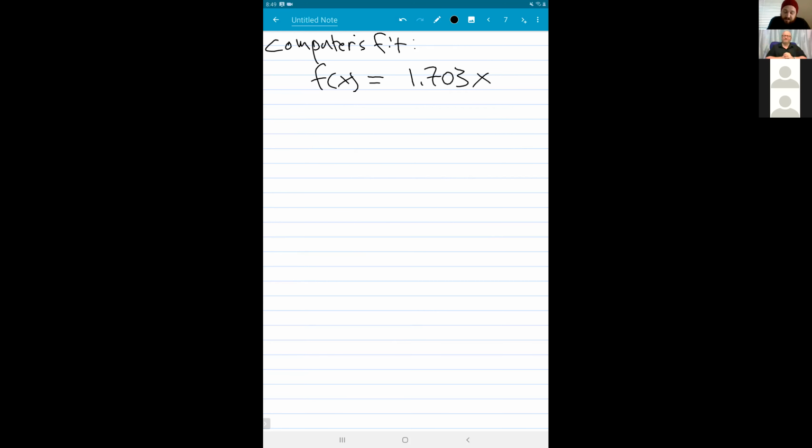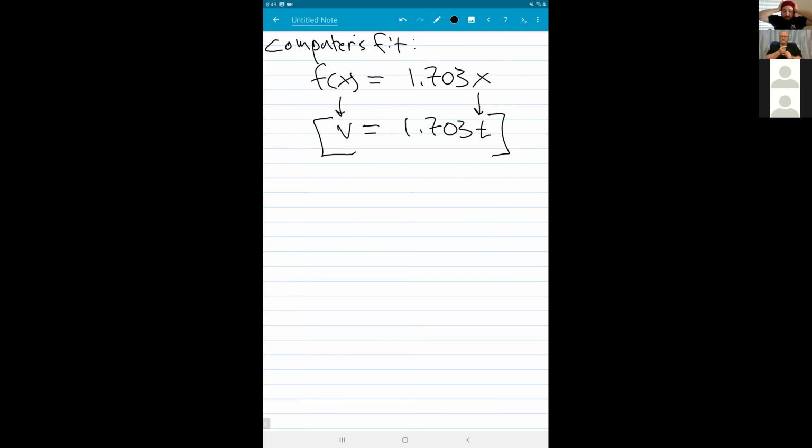But we know that this is actually supposed to be the velocity. So this thing we can expect, oh, well, f of x is my y component, right? So this is actually velocity. And then this x here would actually be time, right? And this is the expression that I actually get from the computer trying to fit to the data that I got from the experiment.